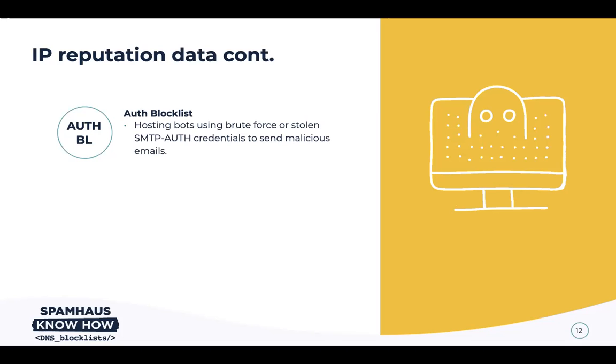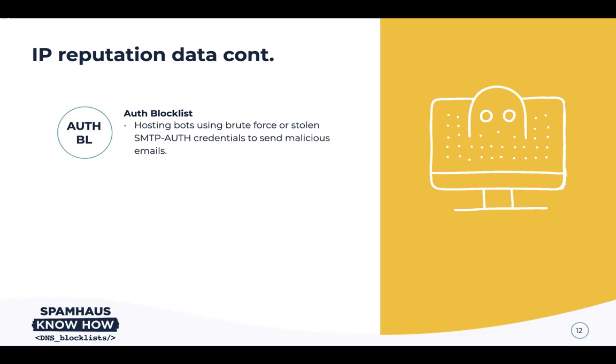Good examples are bots that are known to rely on stolen SMTP auth credentials in order to send out spam, or sometimes it's compromised systems that do scan the internet, trying to brute force for SMTP credentials or other types of credentials in order to, again, send out spam and stuff like that.